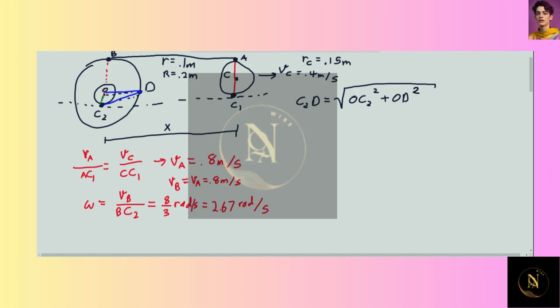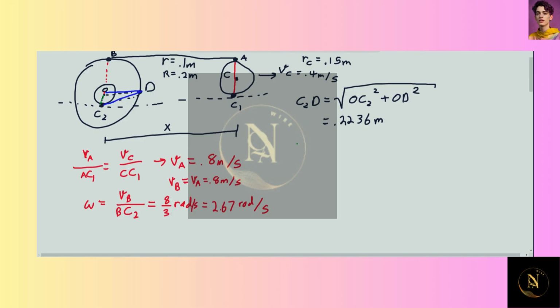OC2 is just 0.1, OD is 0.2, since those are just the radii of the two cylinders. We put those numbers in and we get about 0.2236 meters for our length C2D.